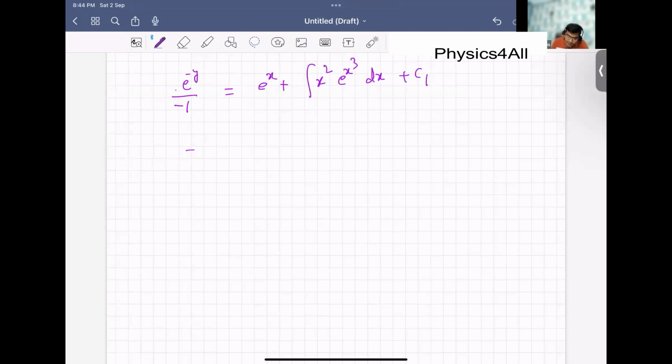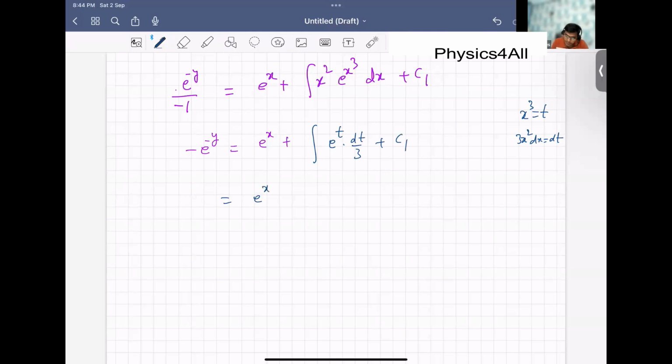Now if I solve it, I will have to put x cube as t in this integration, and the 3x squared dx will be dt. So I will write down here e to the power t and dt by 3 and c1.